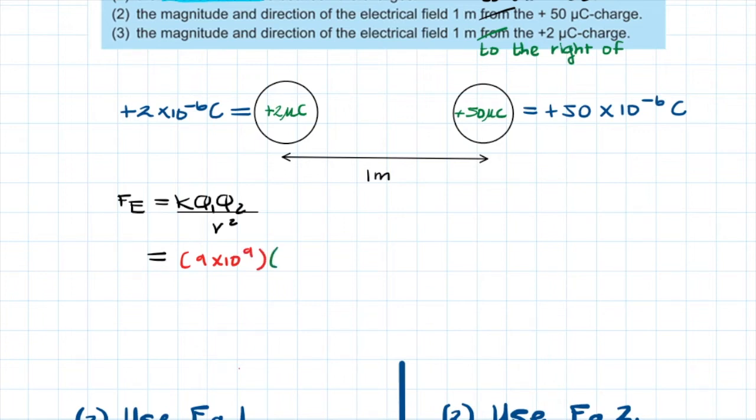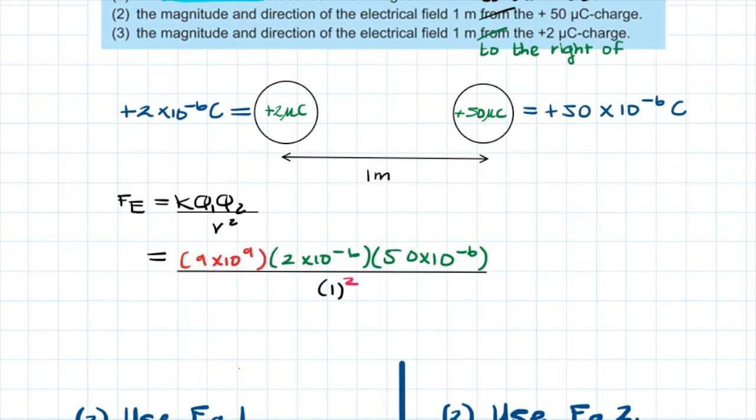We have the correct values of the charges. Remember that you always only plug in the magnitude of the charges into this formula. All of this we're going to divide by the distance between the charges, which is 1, and we always remember that we must square that distance. When we plug this into our calculators, we end up with an answer of 0.9 newtons.